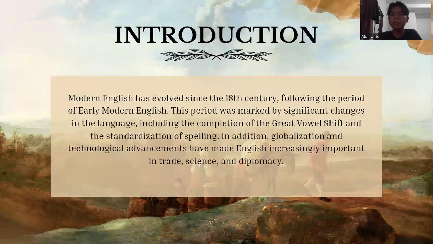Also, because many people from different countries start using English to talk to each other, this language becomes more and more important in the world, especially for trade, science, and talking between countries.